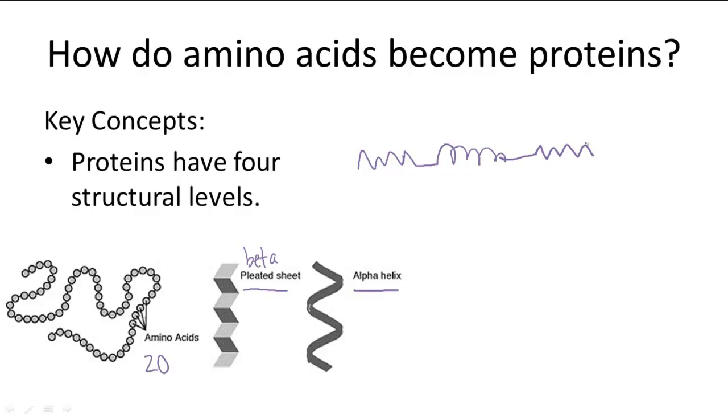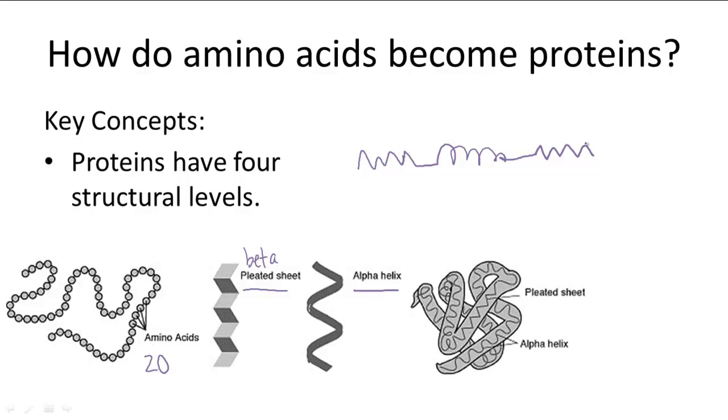So, after the secondary level of structure, the third level of structure, we begin to see the protein actually forming shape. As you can see from this diagram, the alpha helices and the beta pleated sheets are still intact when the polypeptide folds in on itself to a more stable structure. This folding is held together by hydrogen and ionic bonds, and sometimes even covalent bonds.